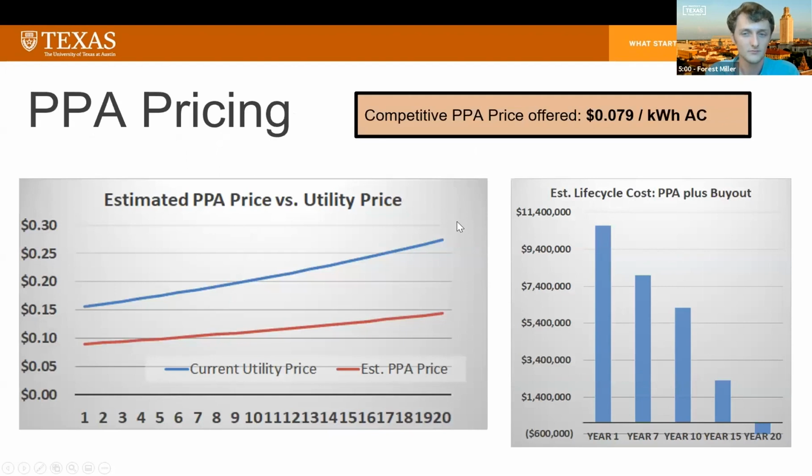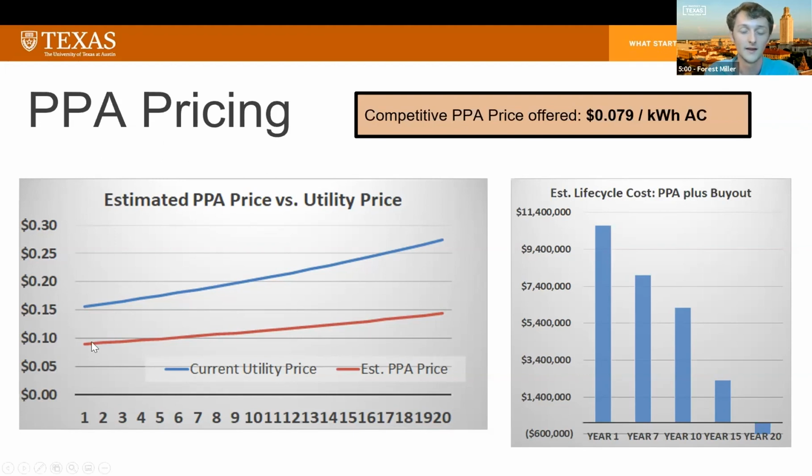With everything considered as well, we settled on a competitive PPA price of $7.9 per kilowatt hour AC. We arrived at this by using a net present value analysis to even it out at $0 for a 20-year lifespan. And we feel that it's pretty competitive.